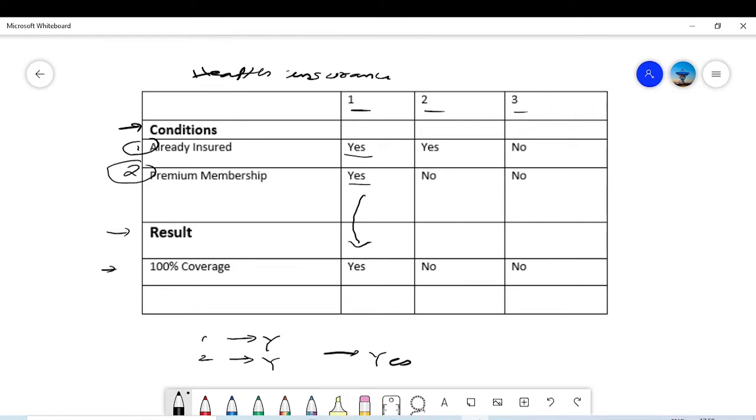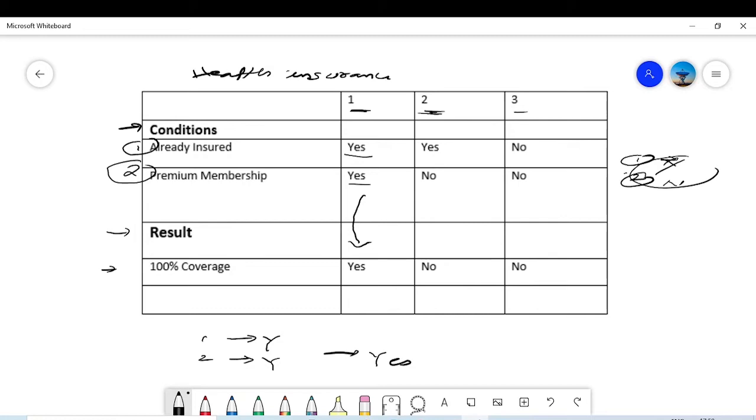Maybe in the ISTQB exam it is given that you are already insured, and the second condition, you are not a premium member. Then kindly answer, will you be 100% covered or not? Based on these two conditions you will search for that rule. For example, it is rule 1, rule 2. Better to call it a rule.